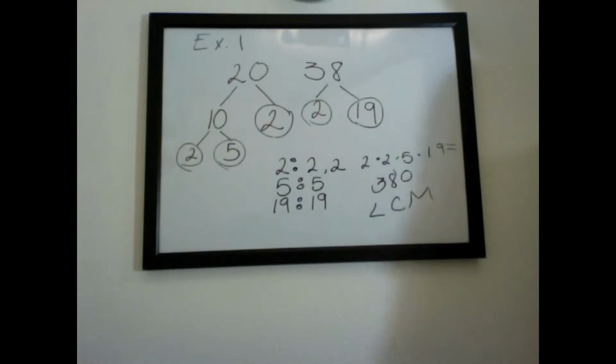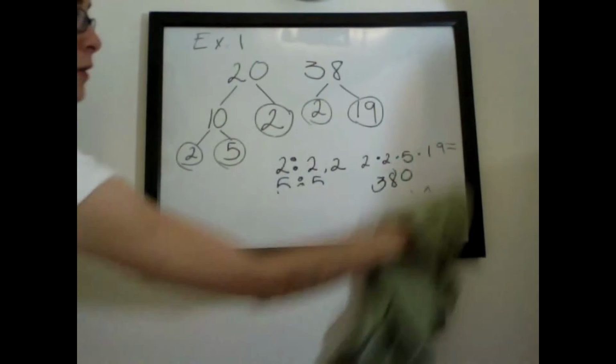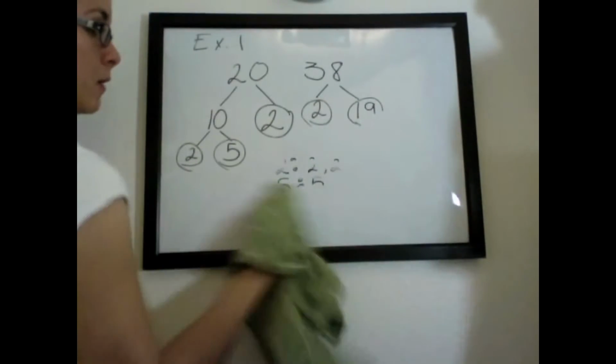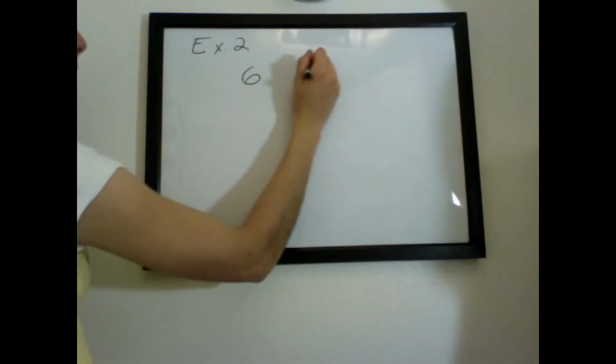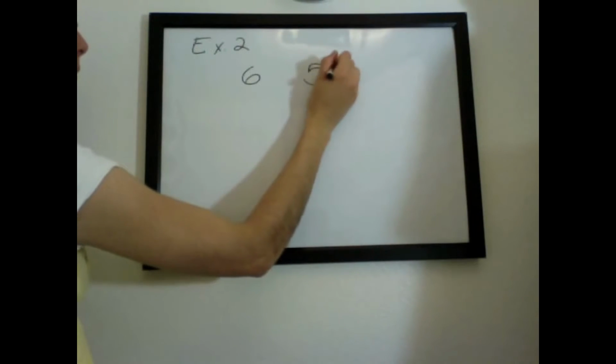Okay, we're going to look at another example now. Let's look at 6 and 5. This one could be interesting. So let's start with 6.